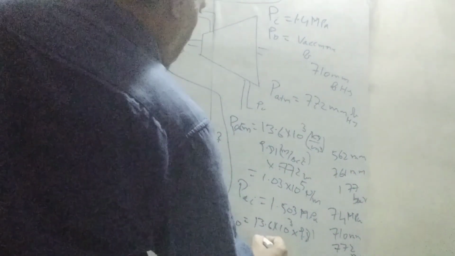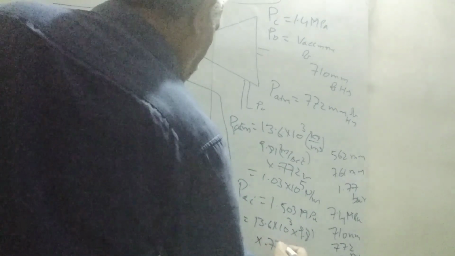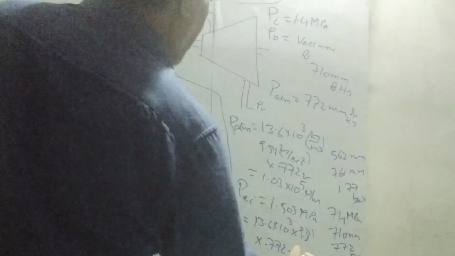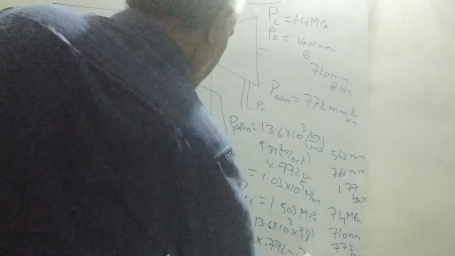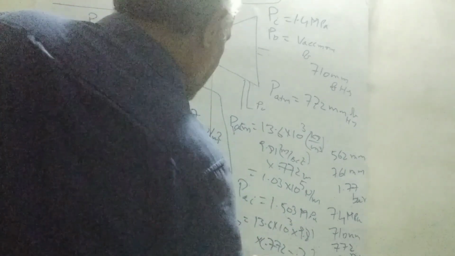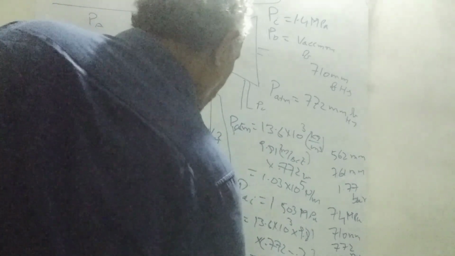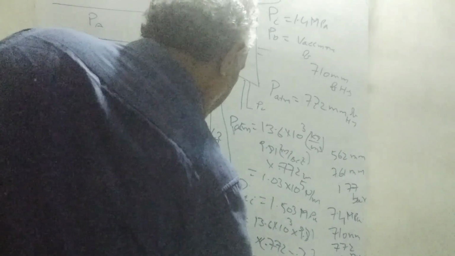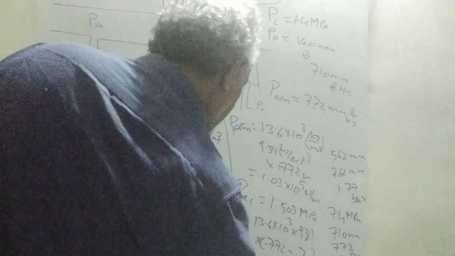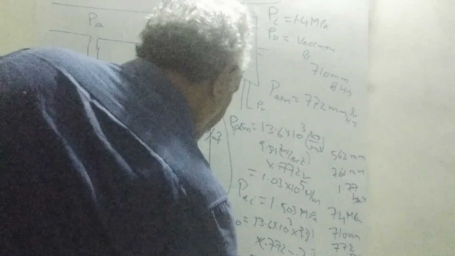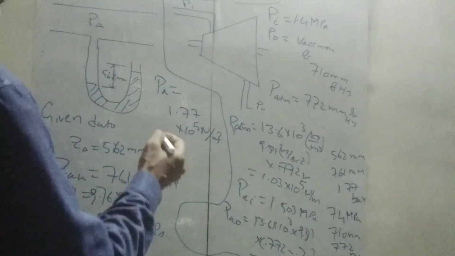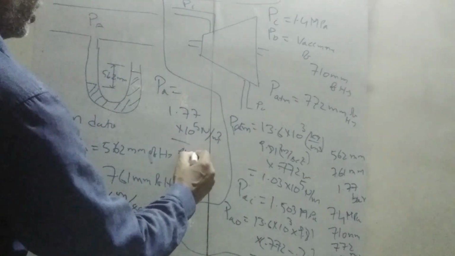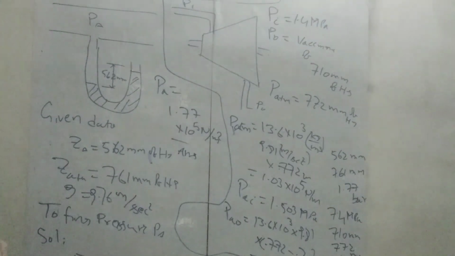So this into 0.772 minus the vacuum 0.710. If you solve this, this comes to 8.27 into 10 cube Newton per meter square. So this is the answer, and for the earlier problem, this is the answer. So this is what I would like to discuss about a problem on pressure measurement. Thank you very much for watching the video.